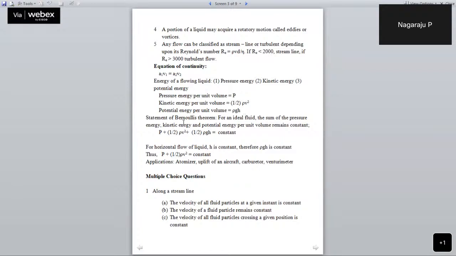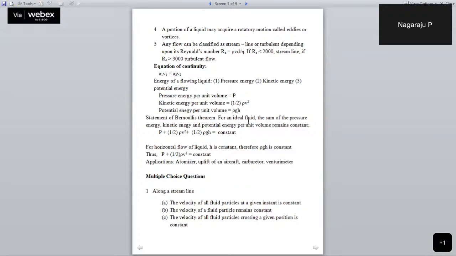The statement of Bernoulli's theorem, you can put it in a different way. It is only for an ideal fluid. I told you that an ideal fluid is non-viscous, and the other properties you have already got.